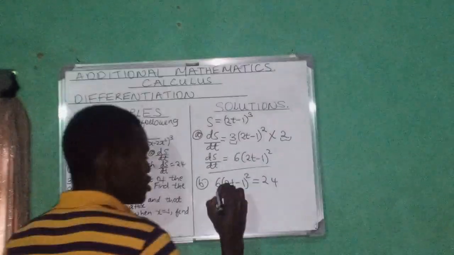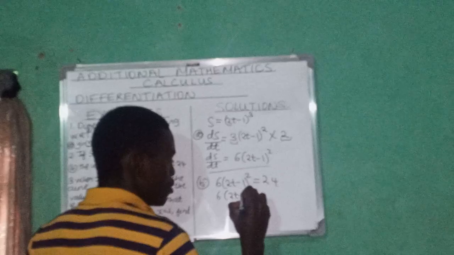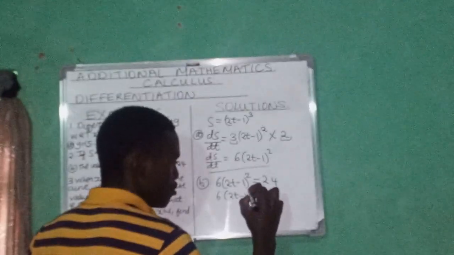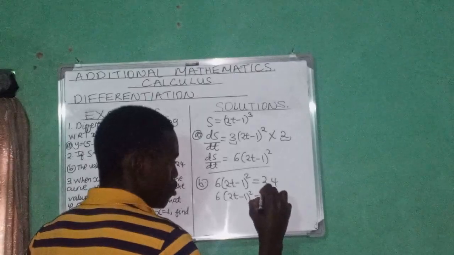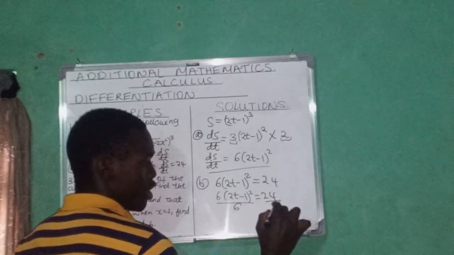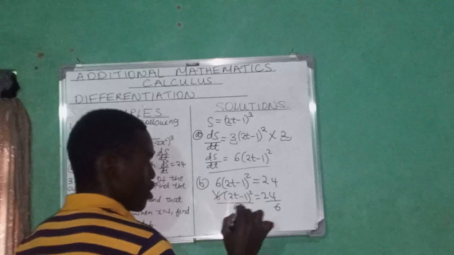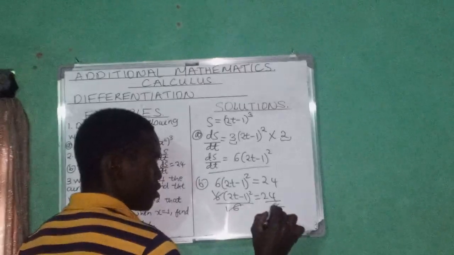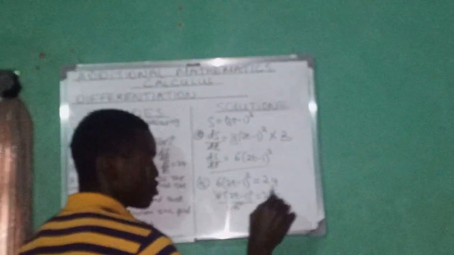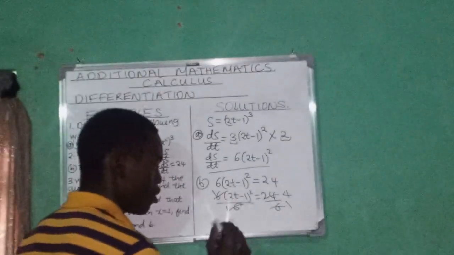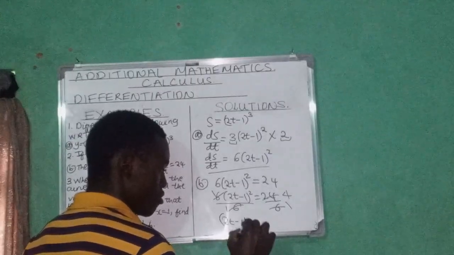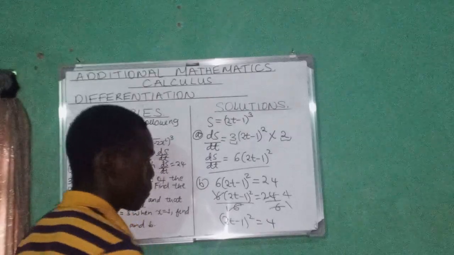Okay, so to proceed, we repeat what we have written: (2t minus 1) squared is equal to 24. So I haven't changed anything. We divide both sides by 6 so that we can just remain with that part. 6 into itself is 1. Now 6 into 24 is 4. So I'm going to remain with (2t minus 1) raised to the power 2 is equal to 4.